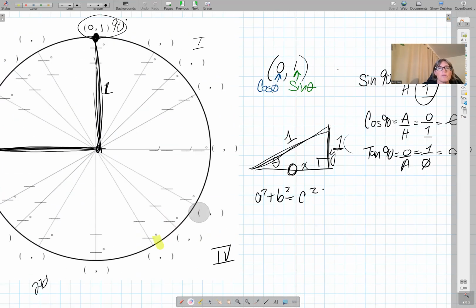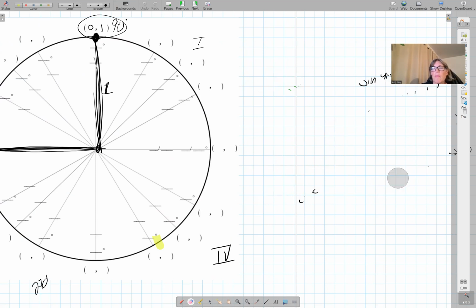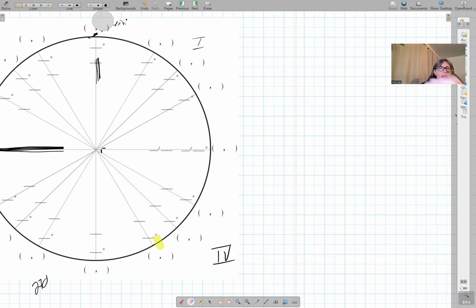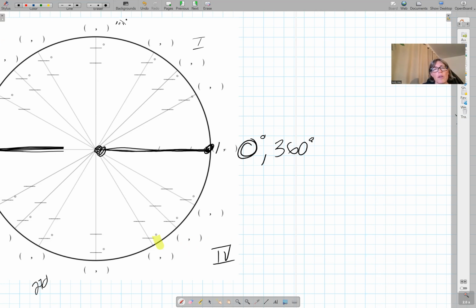So let's erase. These are called quadrant angles. So in this case, for 0 degrees, also 360, which is the same. There you go. Technically that point right there is going to be (1, 0), right?